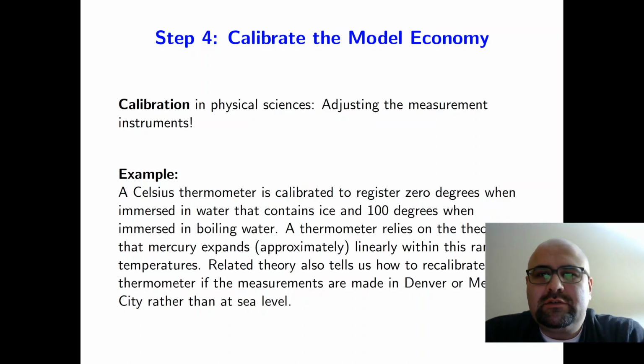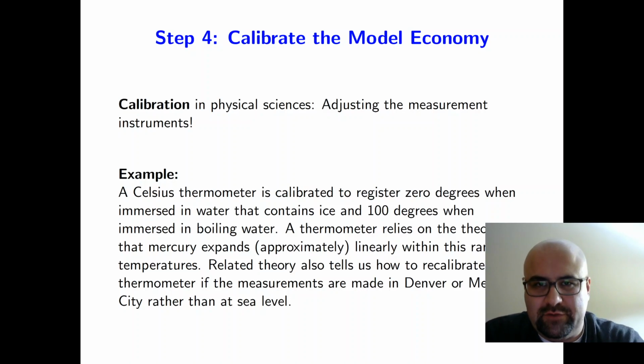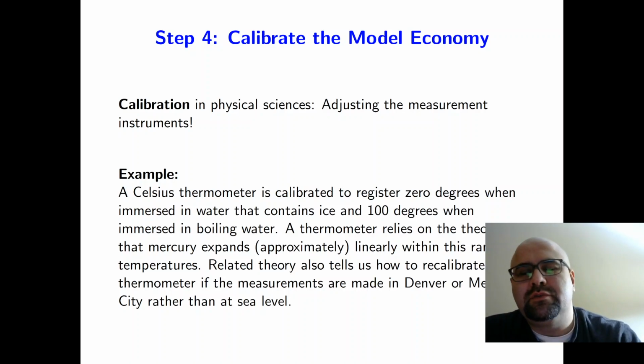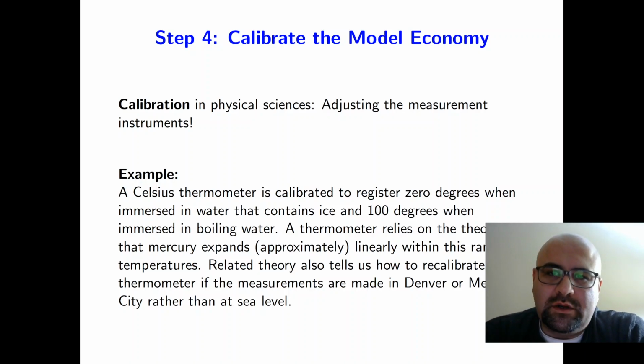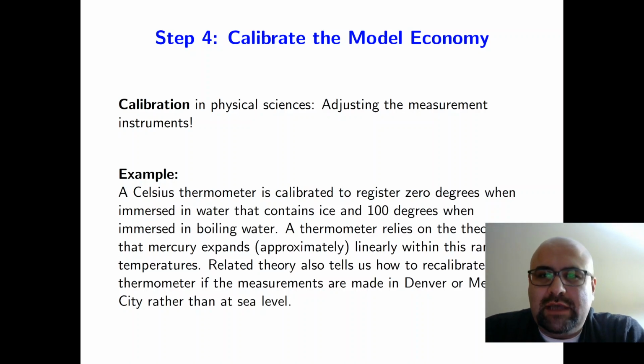As we know, it uses the element mercury, and mercury has specific features: if we put it in ice, it records 0 degrees, and if you put it in boiling water, it records 100 degrees. So we actually calibrate by using the theory of chemistry and some properties of these elements.